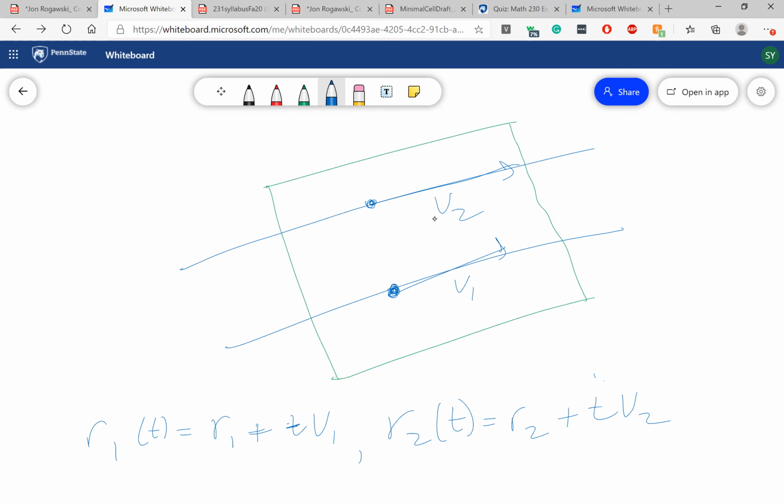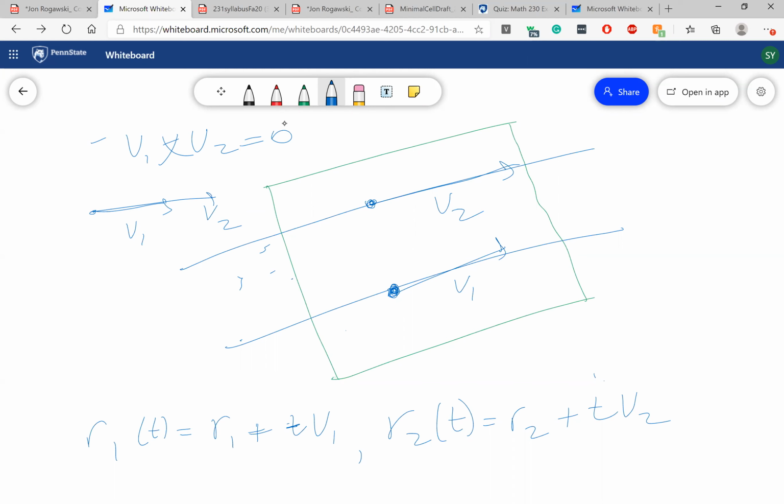So in this case, you have the vector v1 and you have a vector v2. And if you take the cross product between these, you're going to get 0. So v1 cross v2 is equal to 0 if they're parallel, right?